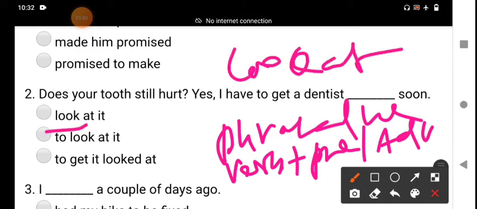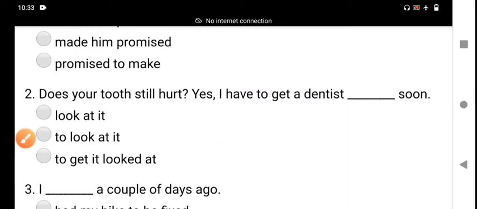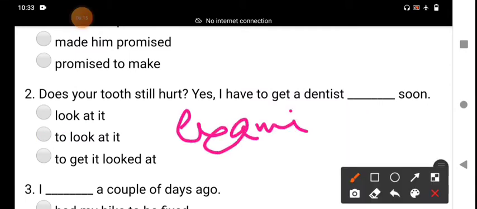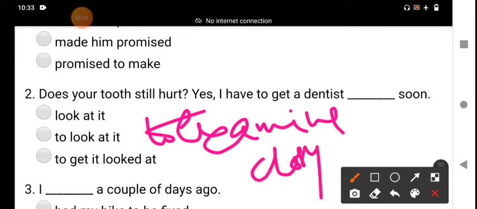Look at, verb pattern, to examine something. It is a phrasal verb. Look at means to examine something very closely.